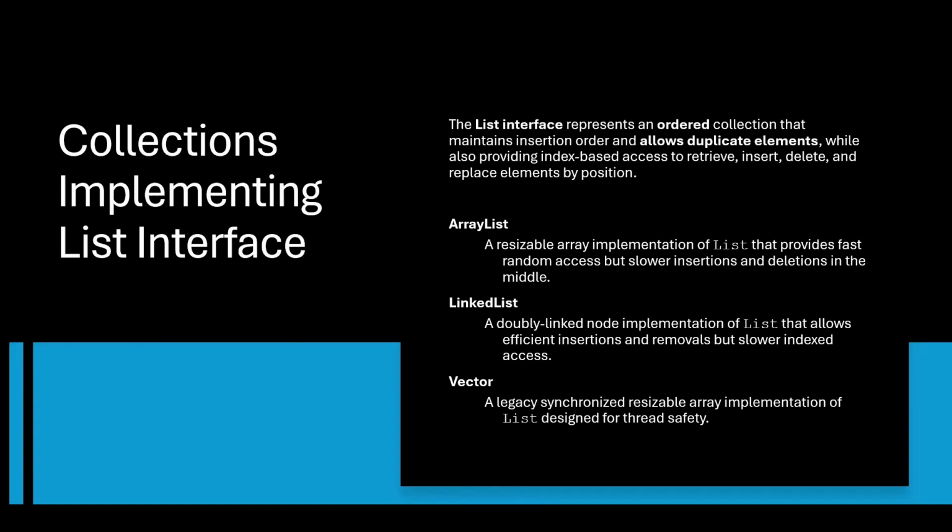So we have ArrayList and we have LinkedList. ArrayLists are backed internally by an array. As you know, arrays are fixed in size. However, ArrayList is a resizable array implementation of list that provides fast random access. So you can access elements fast because they're index-based, but it has slower insertions and deletions, especially in the middle.